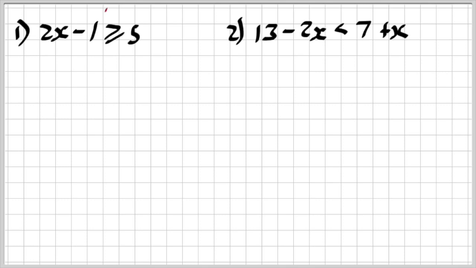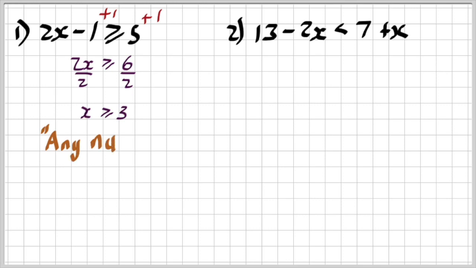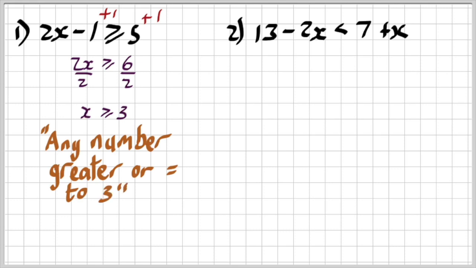In the first one, I'm just going to handle it as a normal equation. So I'm going to add 1 on both sides, which leads me towards 2x greater or equal to 6. Dividing both sides by 2, so x must be greater or equal to 3. So reading that, it's any number greater or equal to 3.